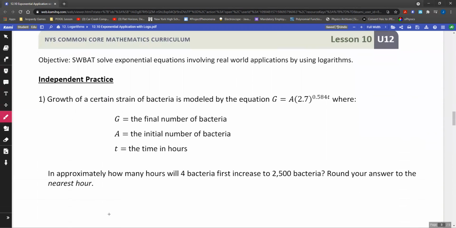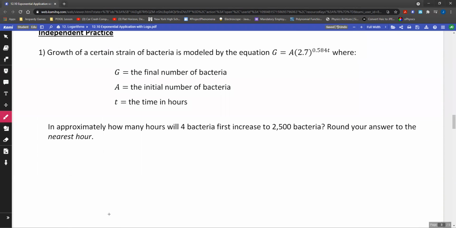All right, this will be the last question, because from this point you should start to notice the pattern. So here, growth of some bacteria is given by this equation. You want to know how many hours it will take for 4 bacteria to increase to 2,500 bacteria.